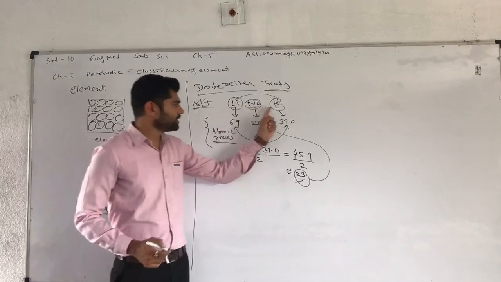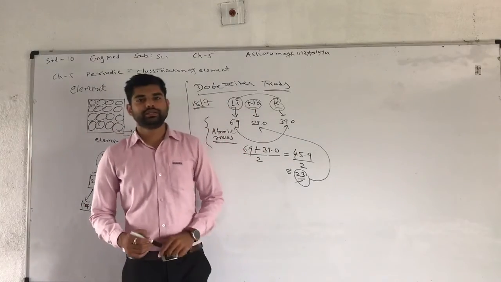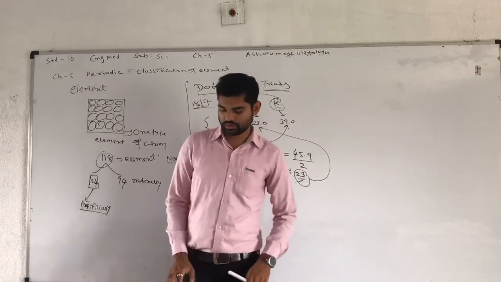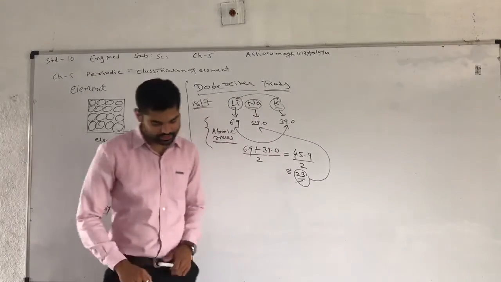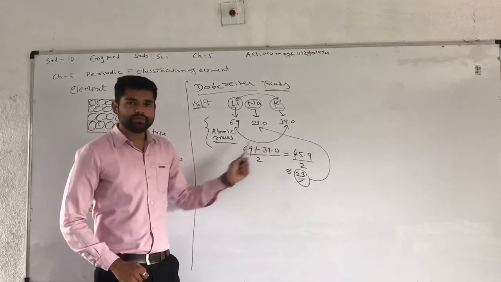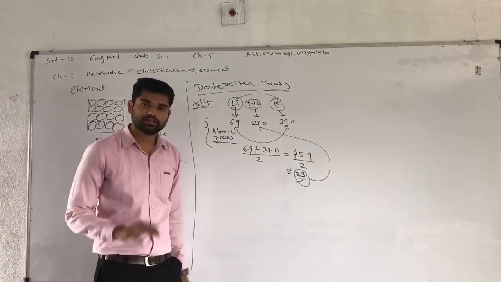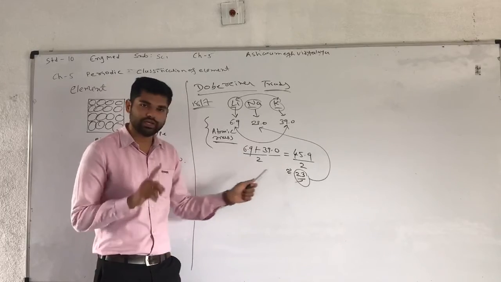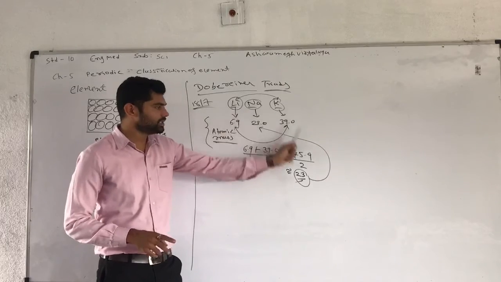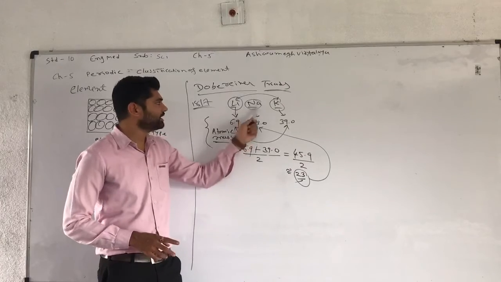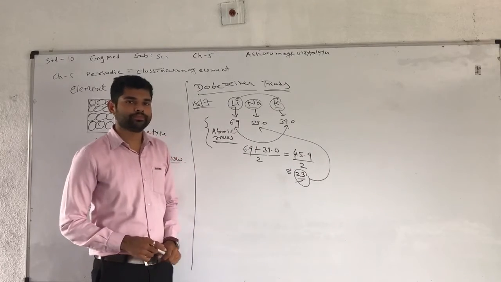So lithium, sodium and potassium form a triad. The concept of Dobereiner is that the average atomic mass of two elements gives the third element. The answer 23 is the average of these two atomic masses, and 23 means sodium.